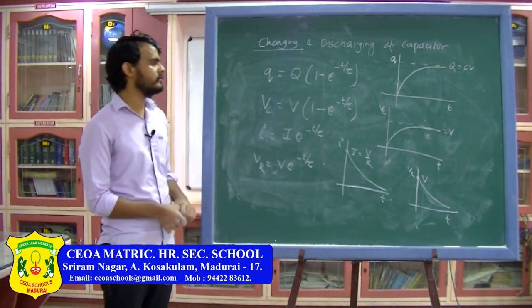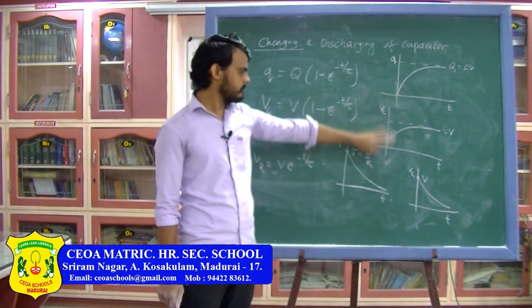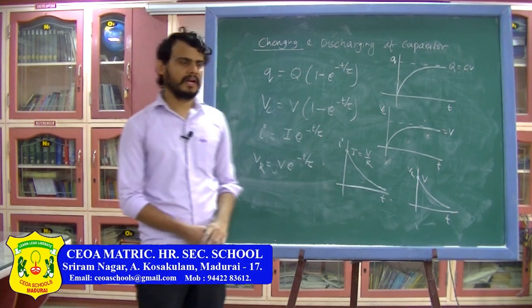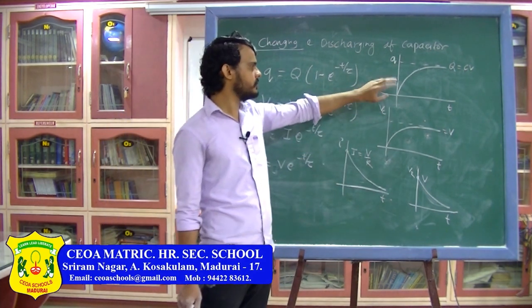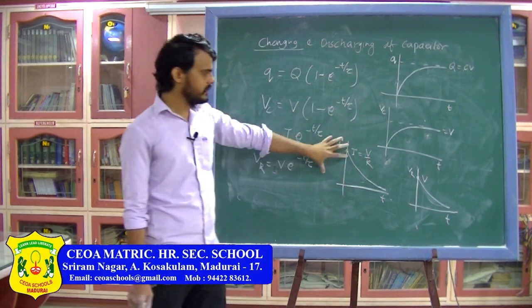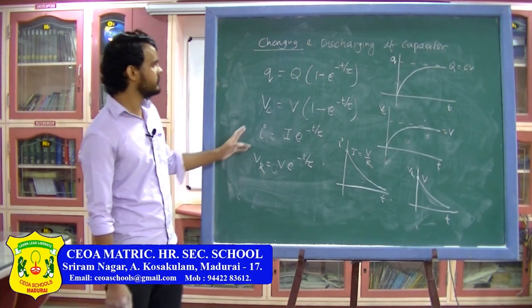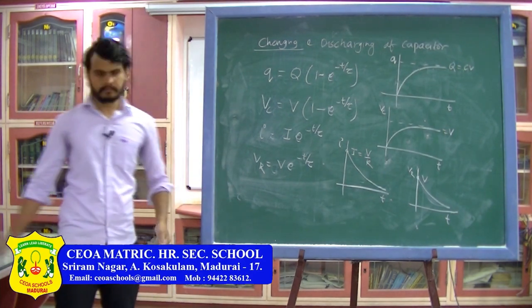Other than that, numerical problems can be solved by the formulas. Important things are you have to remember the graph of charge, potential across the capacitor, current in the circuit, and potential across the resistance. So this is the charging of the capacitor.